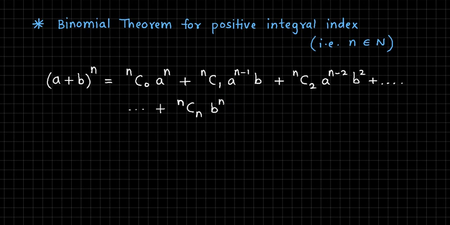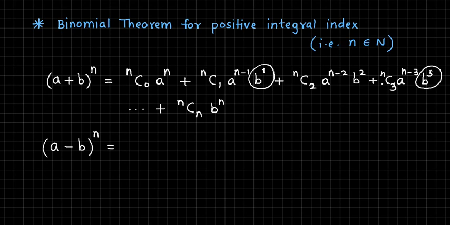Now based on this we can deduce a lot of things. The first immediate deduction is, if instead of plus B we have minus B in the binomial, then wherever we have odd powers of B, so B raised to 1, and then in the next term we will have nC3 A raised to n minus 3 into B cubed, whenever we have odd powers of B, all those terms will become negative.